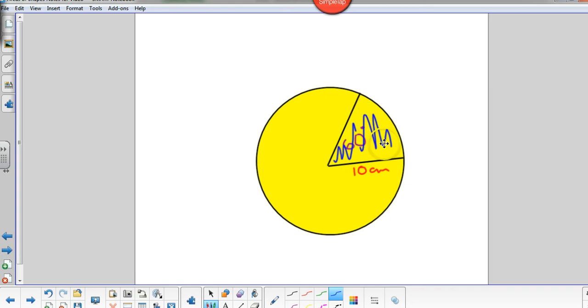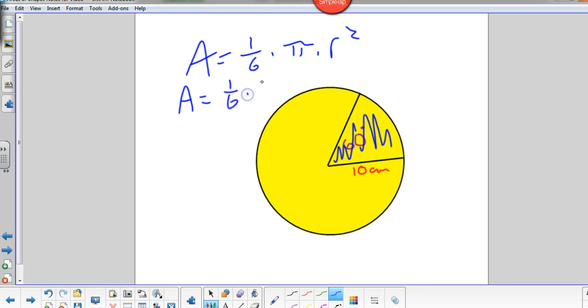So this is 60 degrees, so that's 1/6 of a circle. So 1/6 times pi times r squared. So this is going to be 1/6 times 100 pi, or we can leave it as 50 pi over 3 square units.